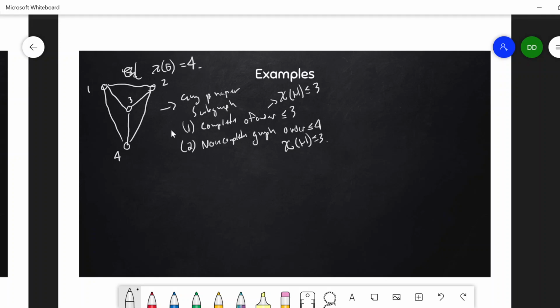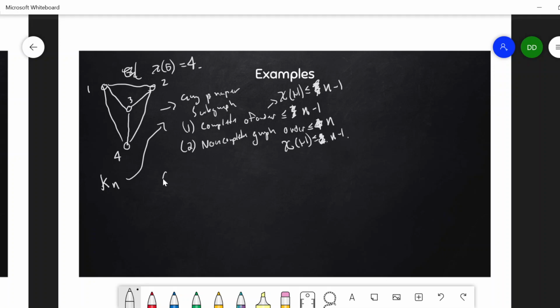In fact, this is true for any Kn. If I take Kn and I look at any proper subgraph, I'd have a complete graph of order at most n minus 1, in which case the chromatic number of any proper subgraph would be at most n minus 1. Or I'd have a non-complete graph of order at most n, in which case the chromatic number of the proper subgraph would be at most n minus 1.